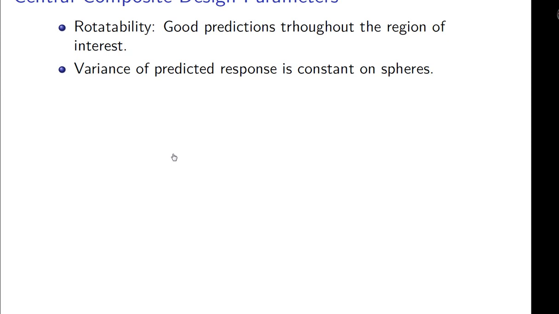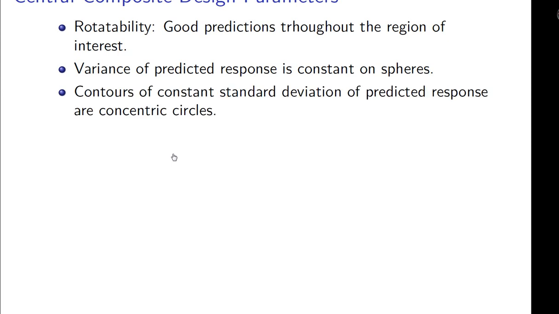No matter how I rotate that experimental design or how I change the assignments of the factors so that the position of the experimental runs change, if the variation in the response variable remains the same, then the experiment is rotatable. And then I have confidence that the model suggested by this experiment will give me good predictions.